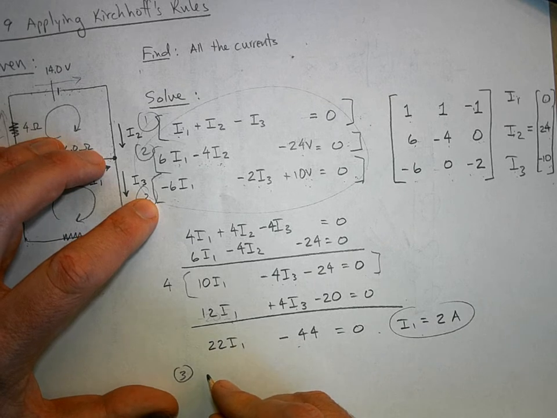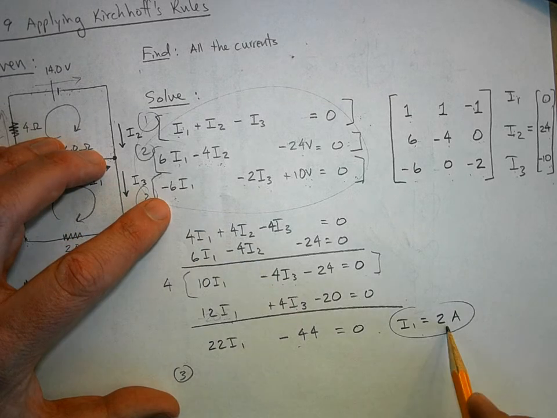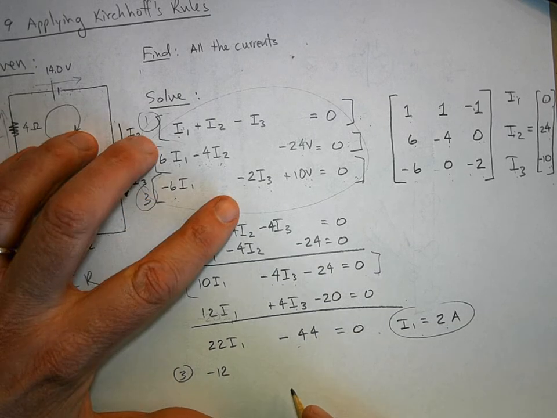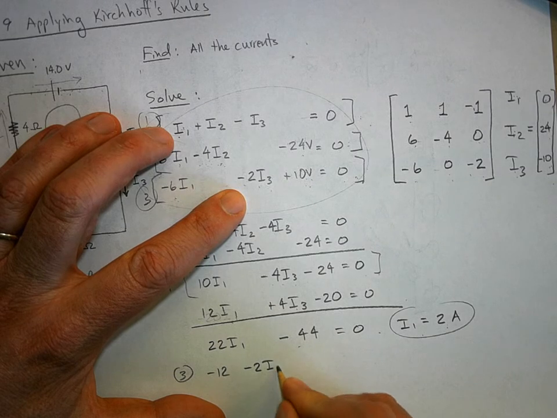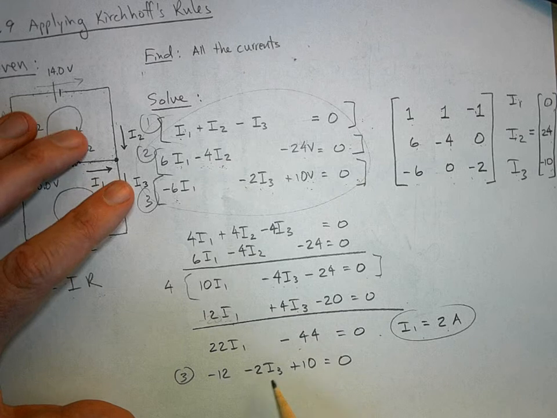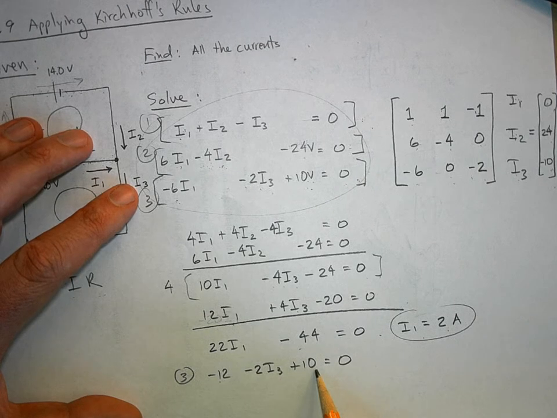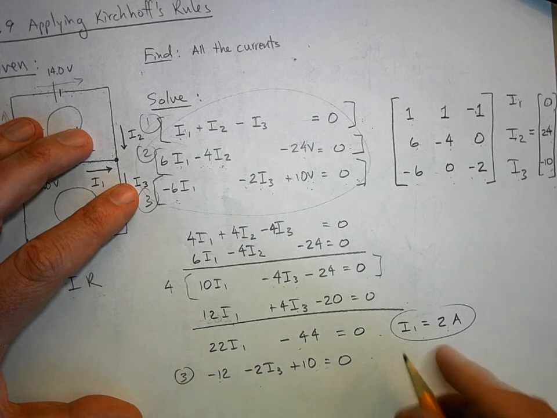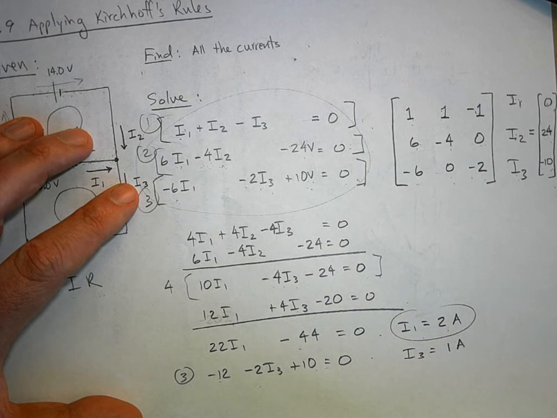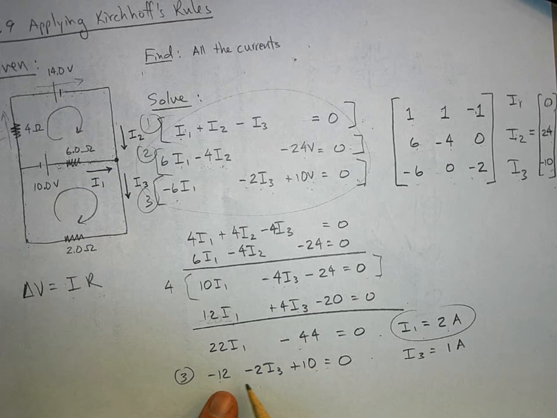And I get negative 6 times 2 is negative 12 volts, minus 2I3 plus 10 equals 0. So I'm going to have negative 12 plus 10, that's 2. I'm going to subtract 2 to the other side and divide by negative 2. So I get I3 equals 1 amp. Is that right? Is it negative 1? Okay, yeah, negative 1. Thank you.